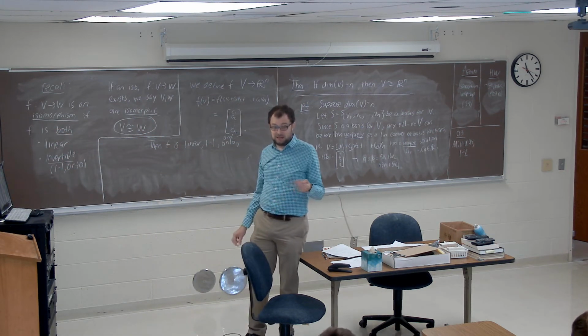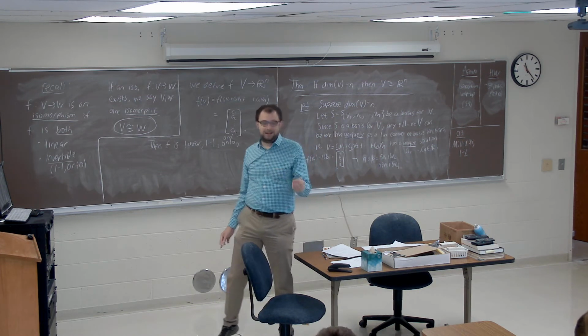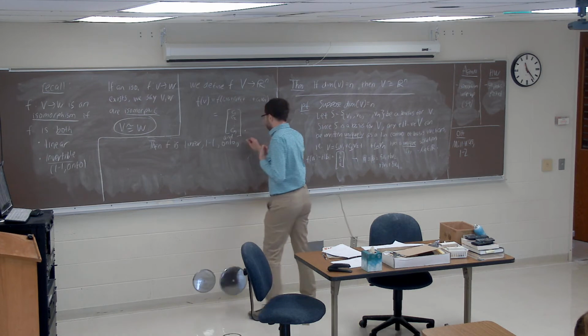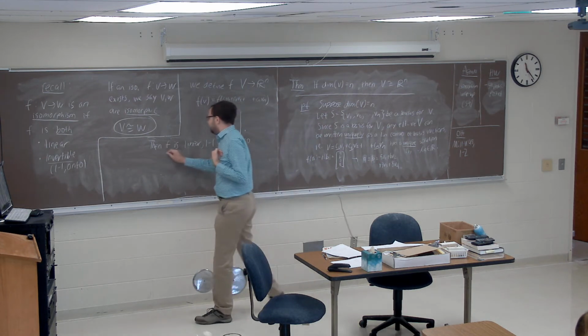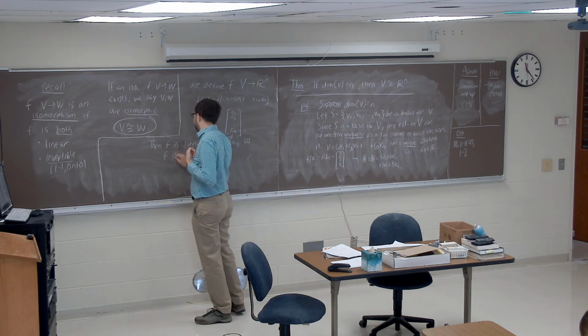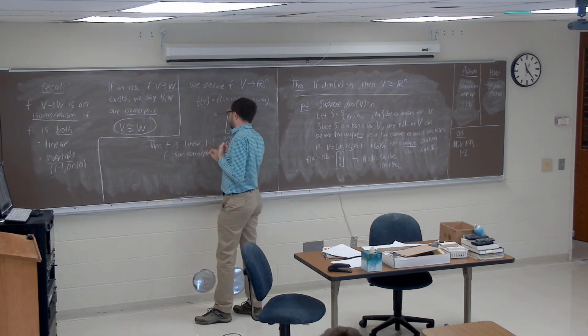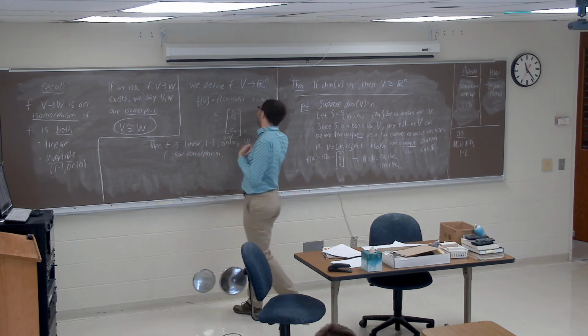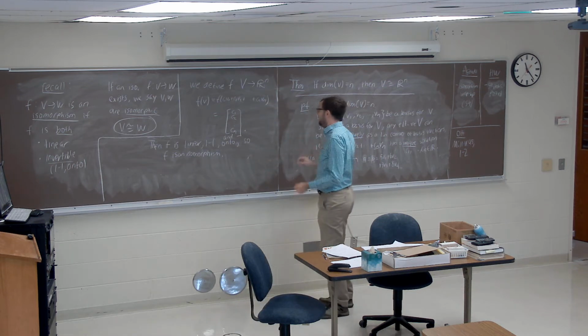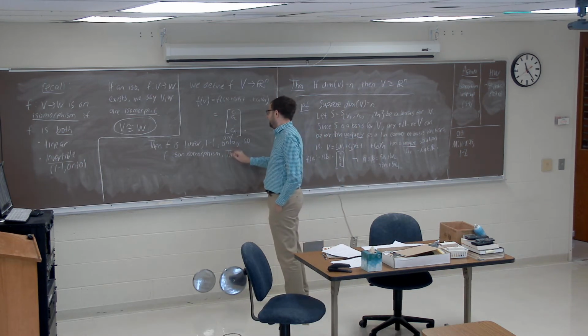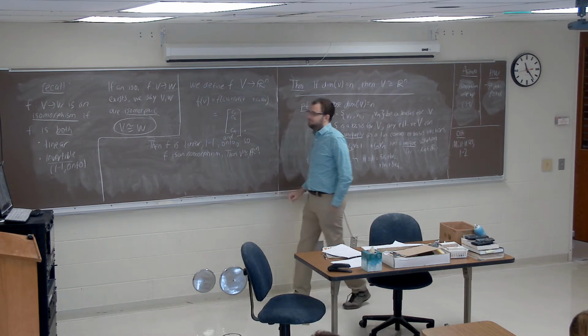Invertible just needed the 1-to-1 and onto. For isomorphic, we also needed the linearity. So f is an isomorphism. And well, what does that tell us? We found an isomorphism from V to Rn, thus V is isomorphic to Rn.